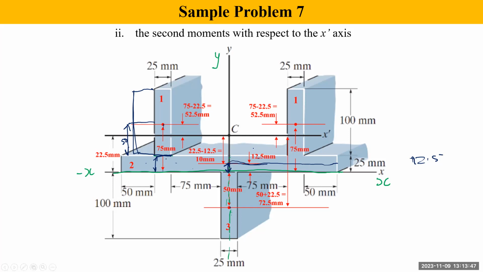So let's erase that and clean it up. Everybody see that that is 50. So from the x-axis to the center of it is 50. Everybody can clearly see that point.